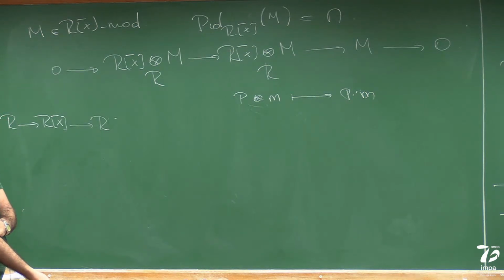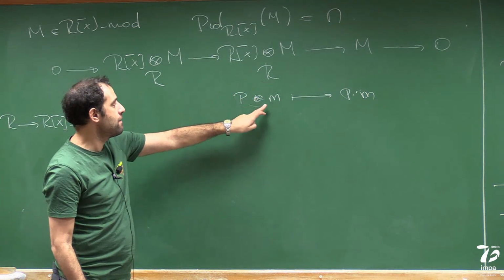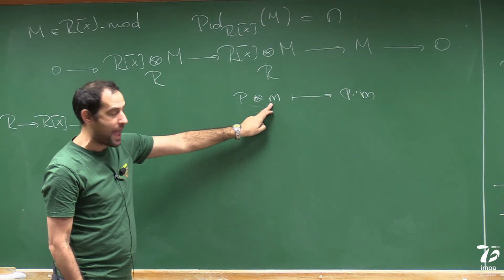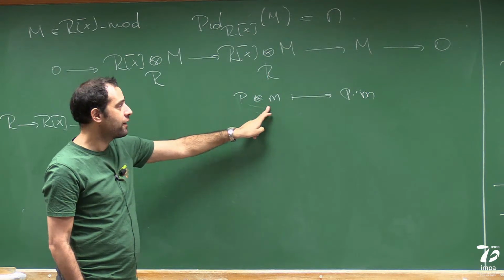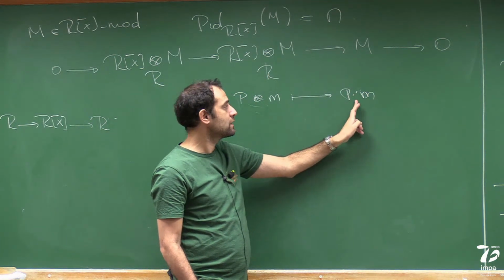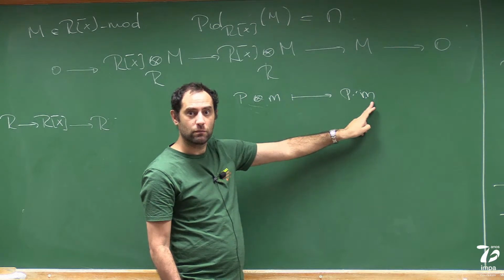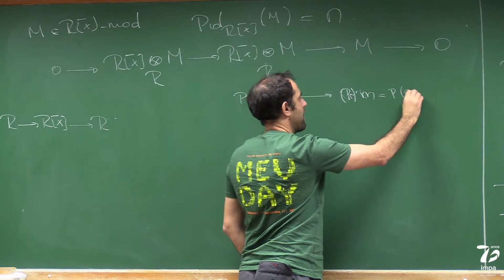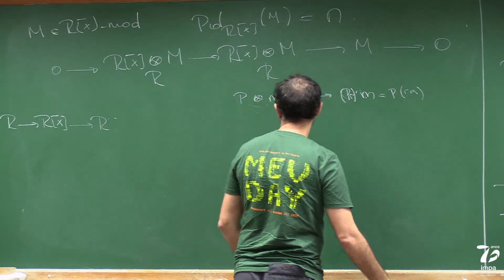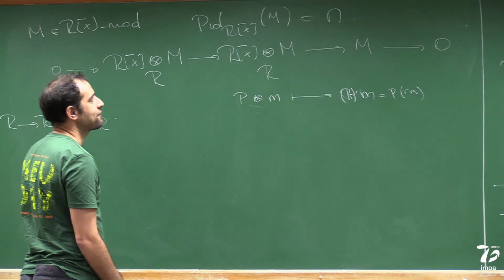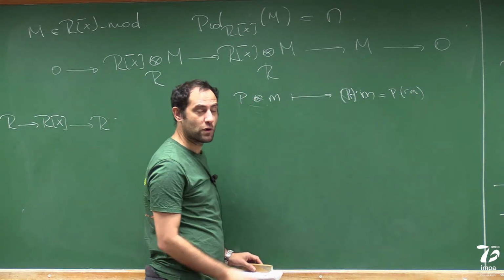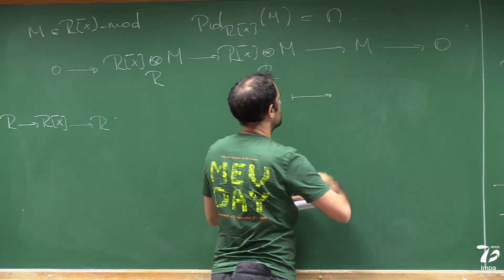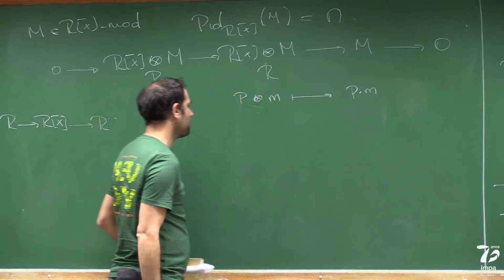Notice that this map is well defined in the tensor product over R. Namely, if you multiply your polynomial by an element r in the ring R, it's the same thing as multiplying m in this tensor product by that element r, and it doesn't matter where you act because the action was given in such a way that this is equal to p r m. So again, you need to be worried about whether your module was left or right. I'm writing this as if my M was a left module. So this was just to say that the action was well defined in the tensor product. So this goes to p acting on m. So that's that map.